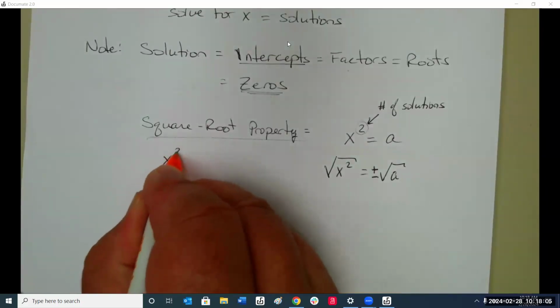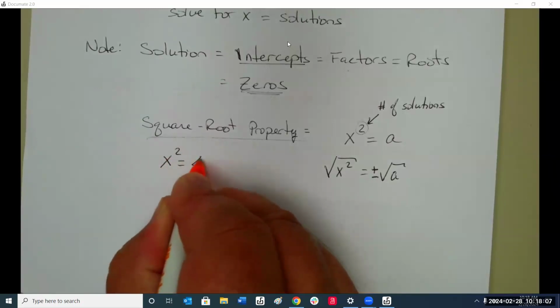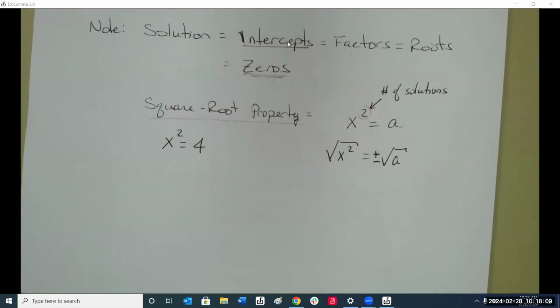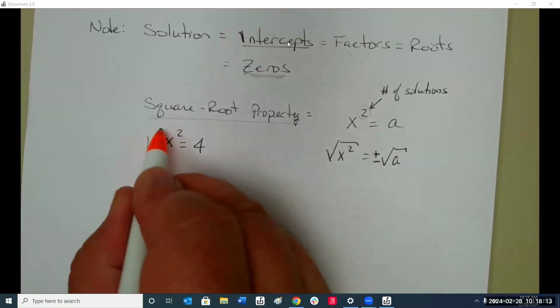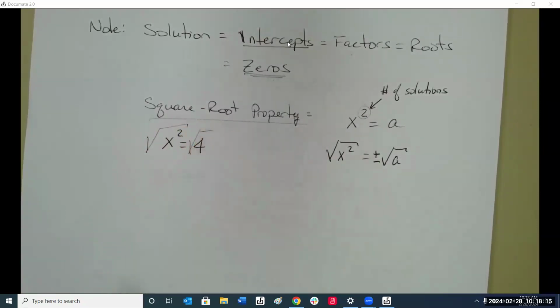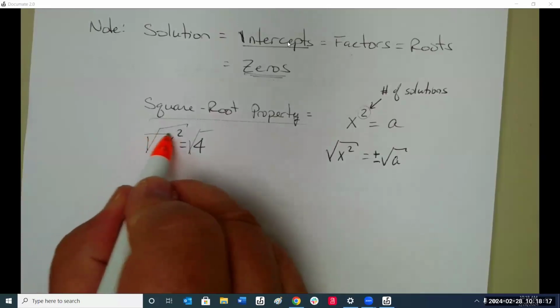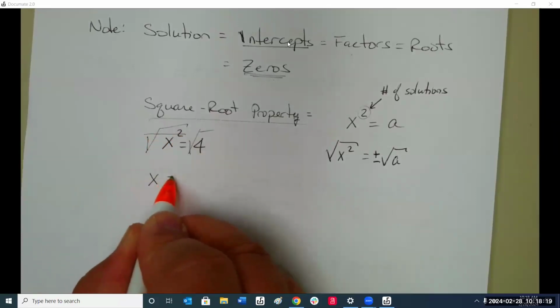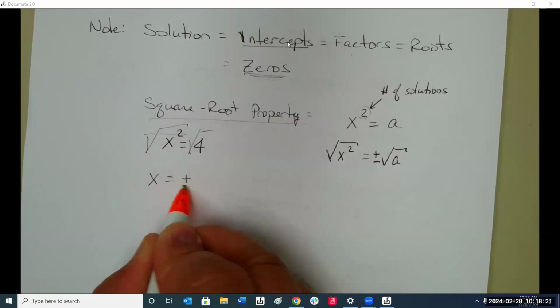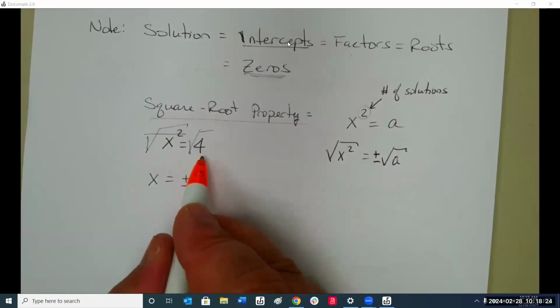For example, if x squared equals 4, and I square root both sides, the square and the square root cancel, so I have x equals plus or minus the square root of 4, which is 2.